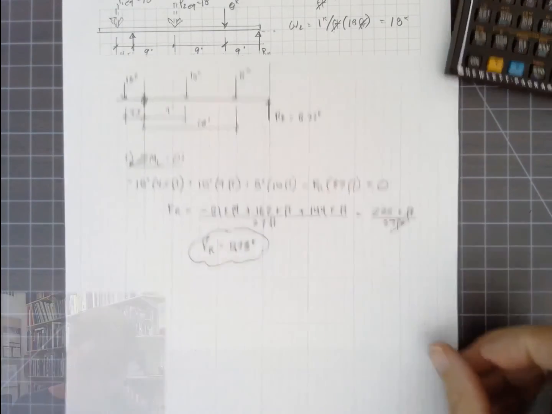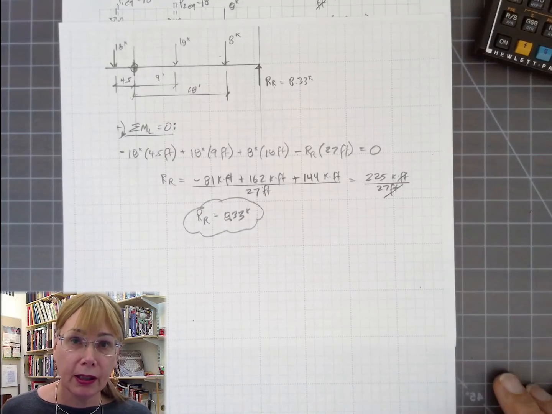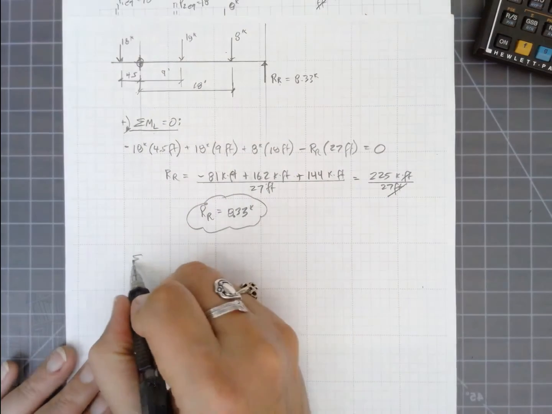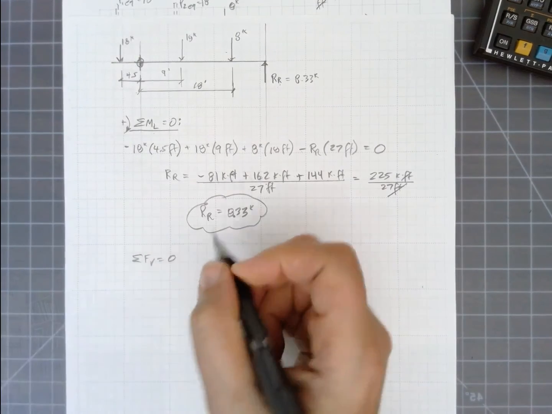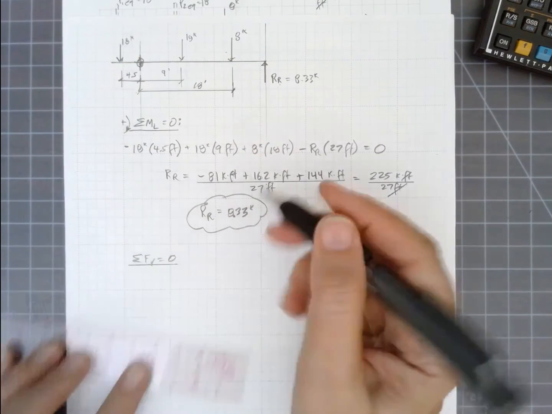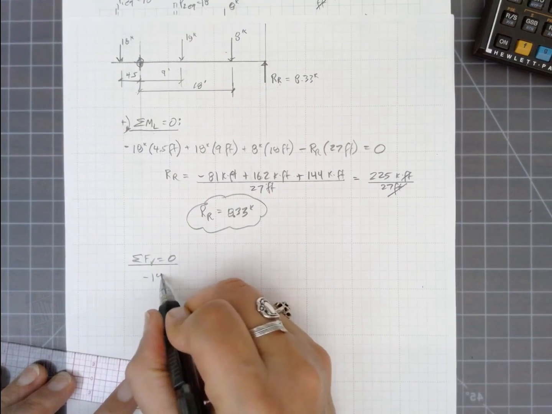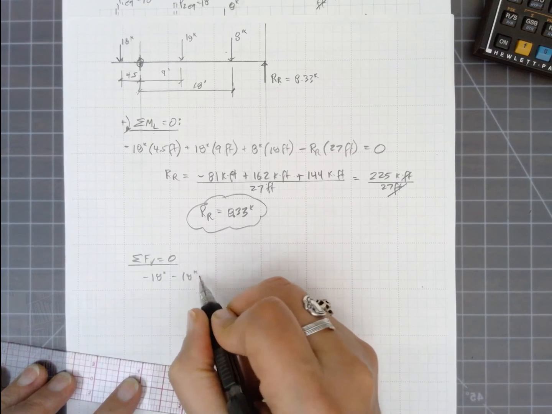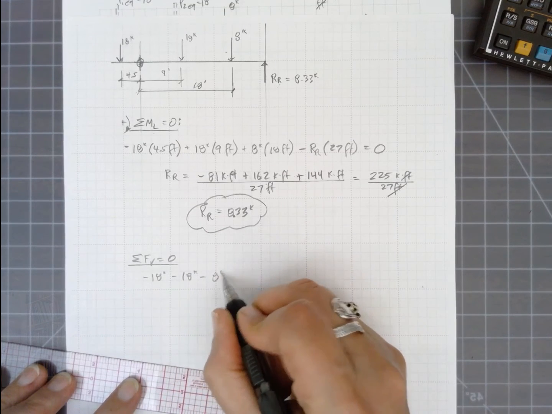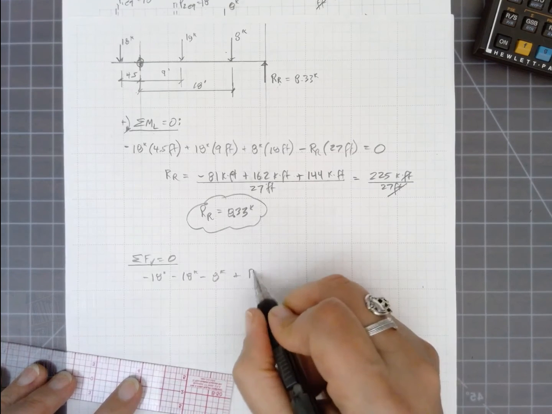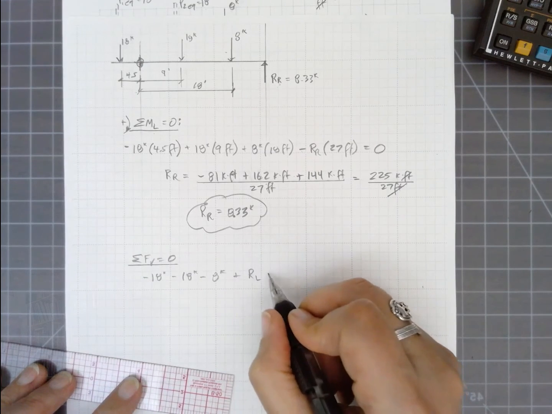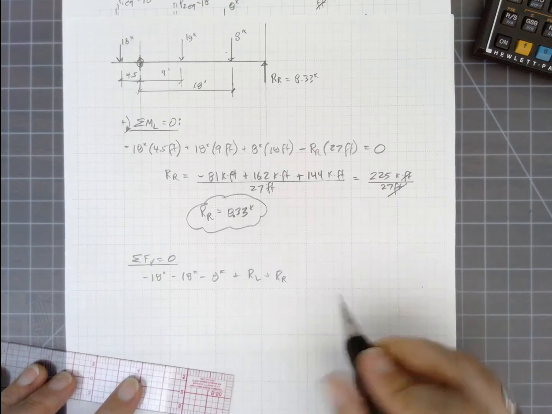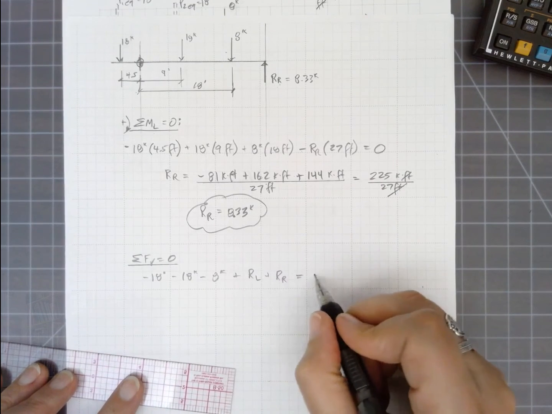Now, here's the last step. Let's make sure that we're correct by doing a vertical equilibrium equation. So now I say sum of the forces vertically are equal to 0. Well, that's really simple. I've got negative 18 kips minus 18 kips minus 8 kips plus the reaction on the left-hand side, upward reaction, plus the reaction on the right-hand side, another upward reaction, all equals 0.